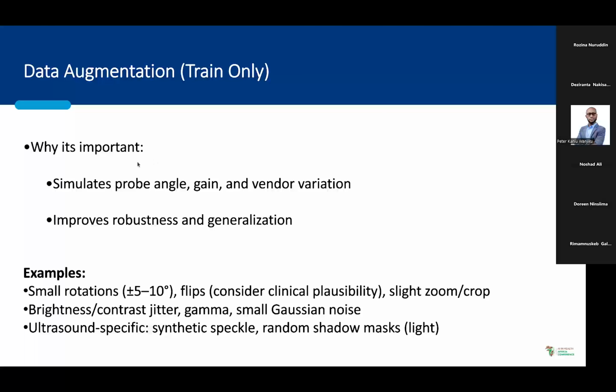You could do small rotations of the image to simulate probe angles, or flips of the images, or adjust the brightness or add some noise to simulate the speckle noise that often occurs in ultrasound images. So data augmentation can help increase generalization and robustness when you test in the real setting.